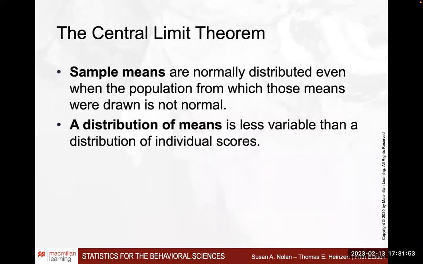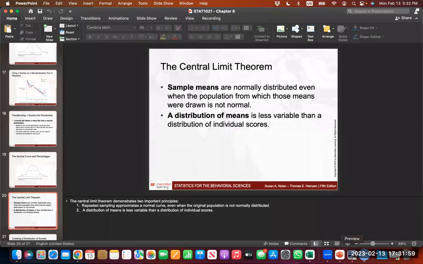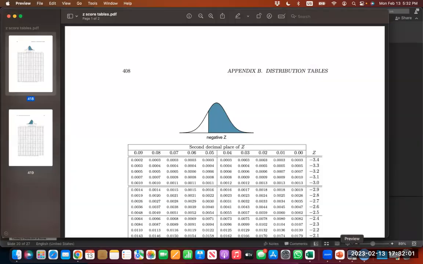And this can be even further refined. I'm getting to the so-called Z distribution table, and I just want to quickly do this exercise. We have now calculated Z scores. We have talked about the empirical rule, and we have talked about the underlying mathematical function.